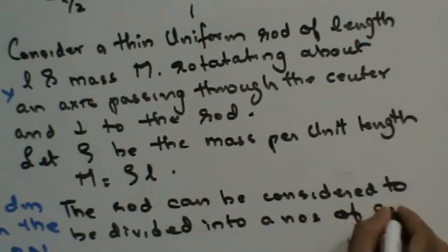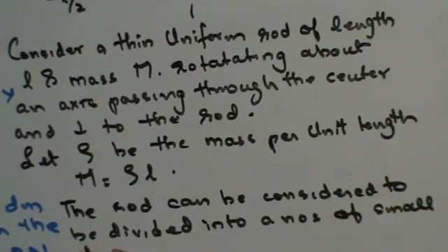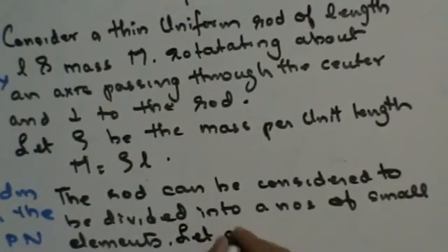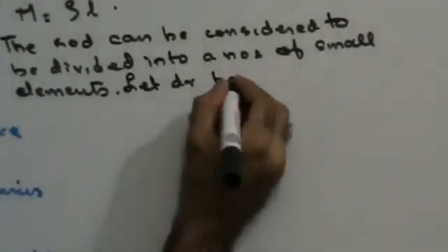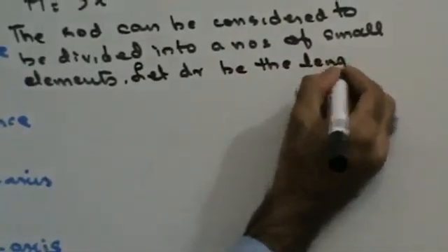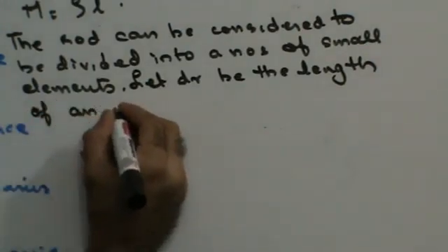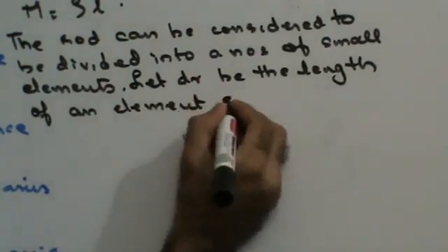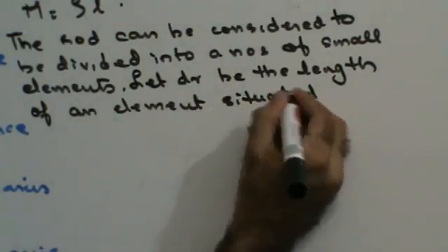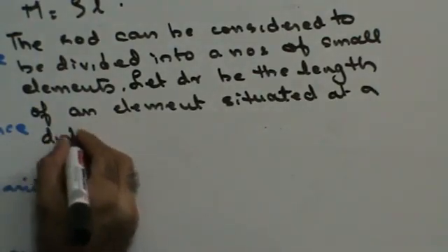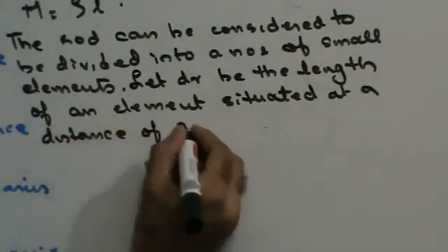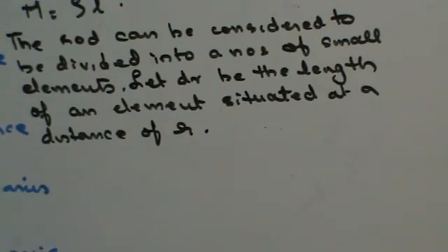Now let us assume that dr be the length of an element situated at a distance of r from the axis of rotation.